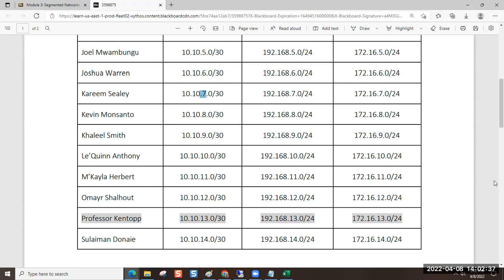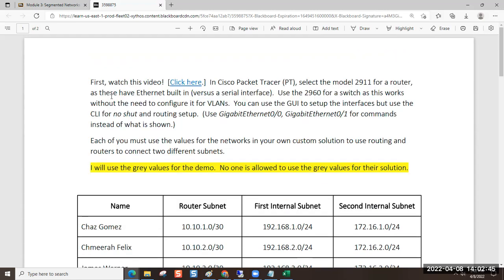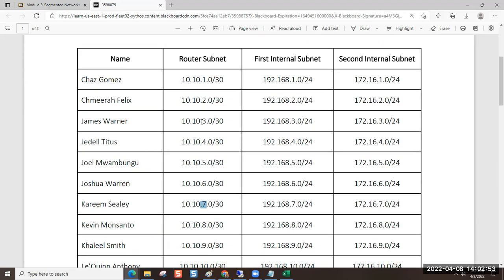I already submitted mine yesterday. Oh, okay, well, that's cool. Excellent. Now the thing is, the helpful hints were different yesterday. So if you did yours but you didn't use your specific IP address, you have to do it again.